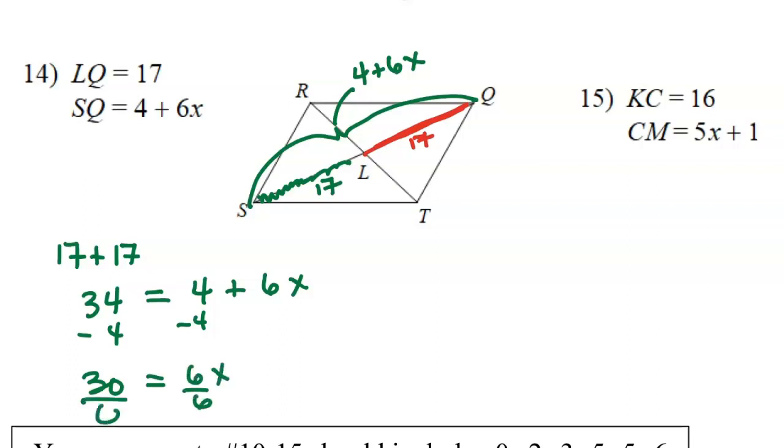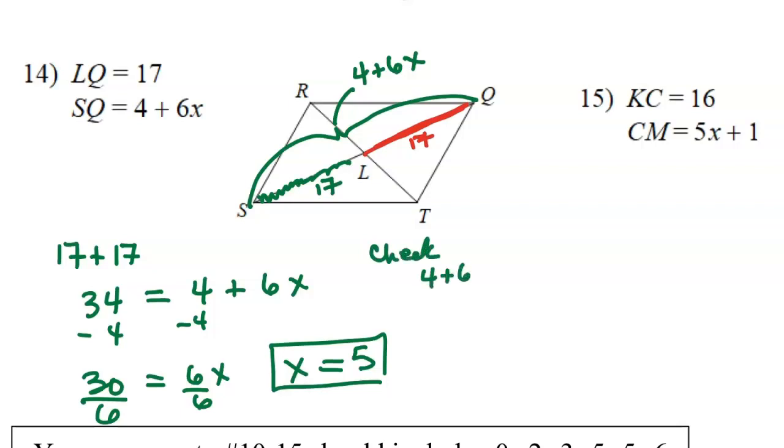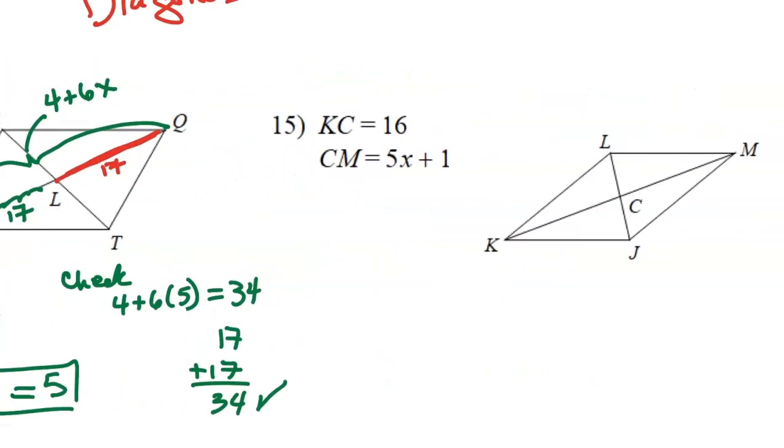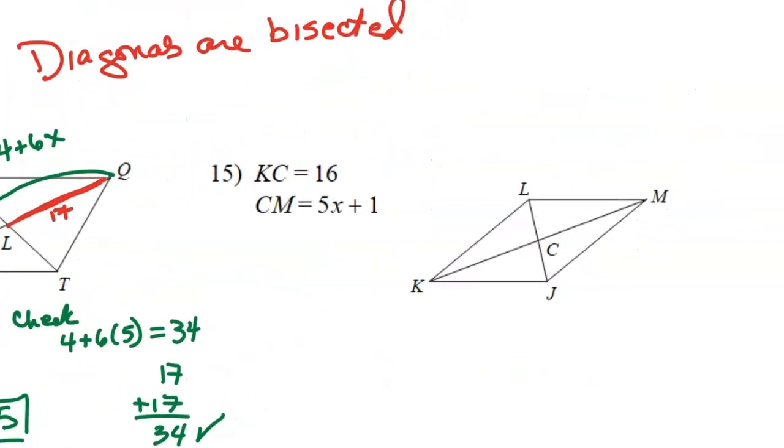Divide by 6, divide by 6. X is going to equal 5. Okay, if I put in 5 to check, 4 plus 6 times 5 gives me 34, which is indeed 17 plus 17. So I know my answer is correct. Again, label, label, label, and think.